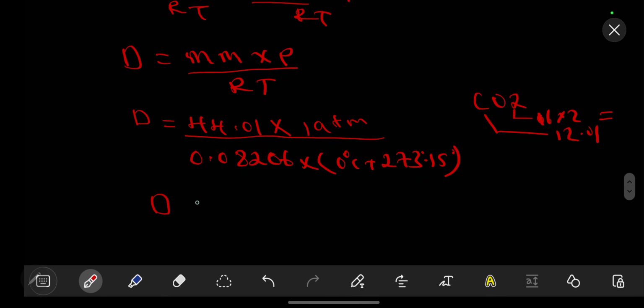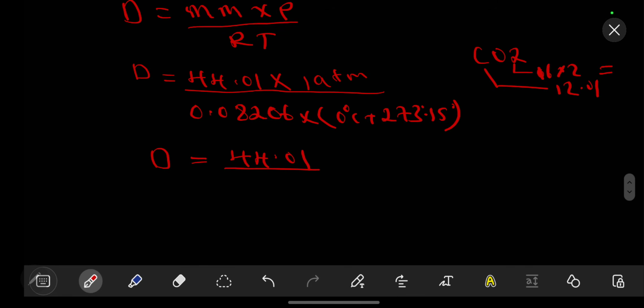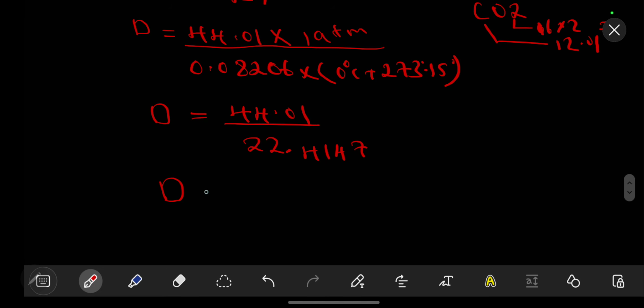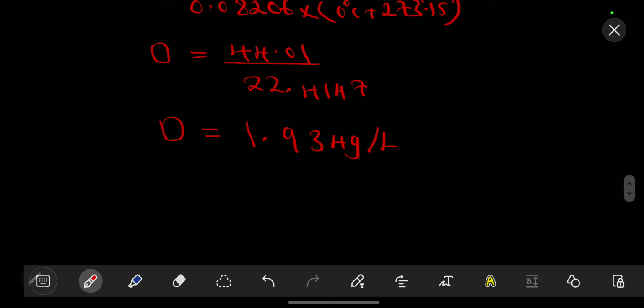When we do our calculation, the density is 44.01 over 0.08206 times 273.15, which gives 22.417. When we divide these two values, we find that the density is equal to 1.934 grams per liter.